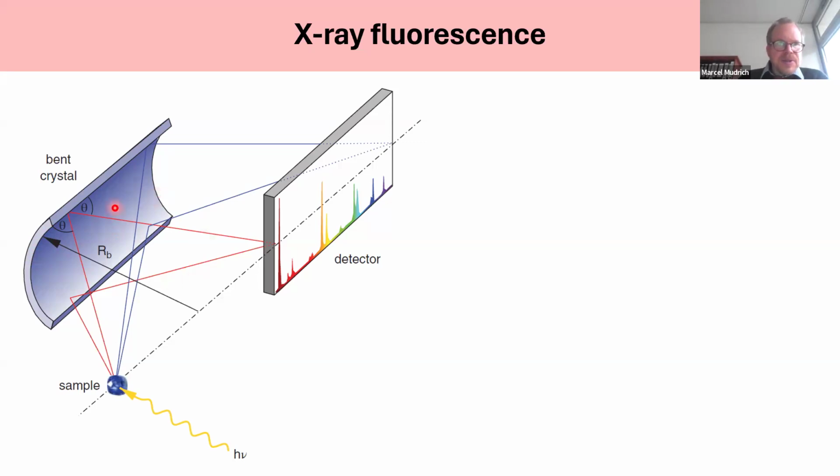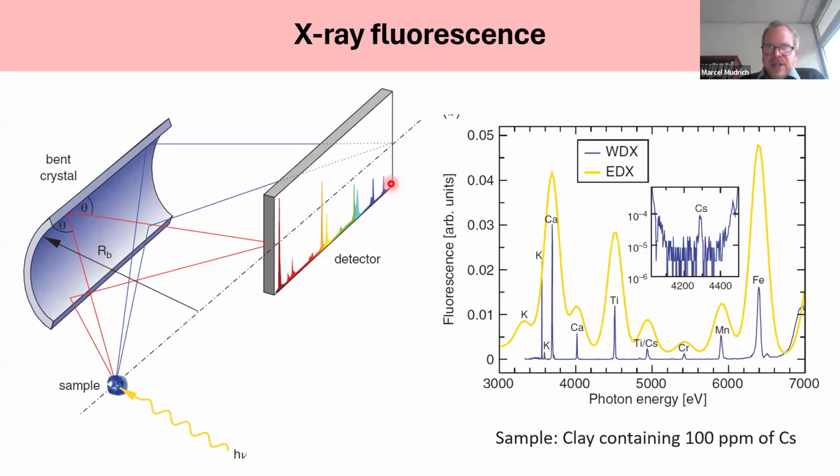And by using these bent crystals, this is even more efficient in focusing the mostly isotropic fluorescent light, diffracting and focusing at the same time onto a detector to get the X-ray fluorescence spectrum. For example, this can be used for very sensitive chemical analysis of a sample.